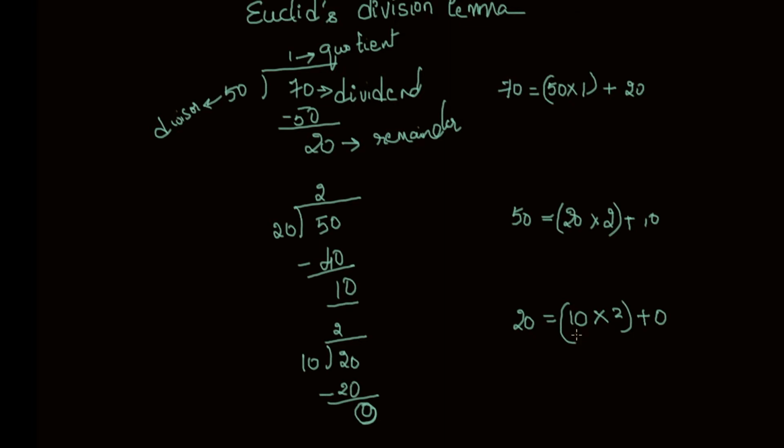So this can also be taken as the HCF, the highest common factor. If you want to check, you can check it out. For example, 70 and 50 can both be divided by 10.